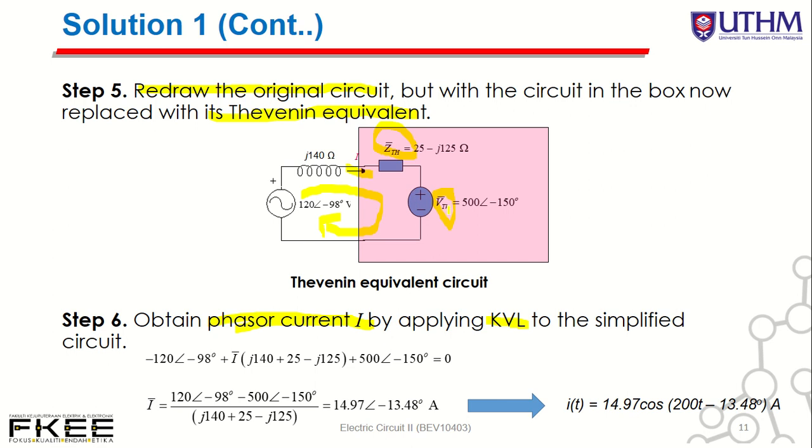By solving that KVL equation, you can determine the current. Is it clear? I think you are already expert with KVL, so you can determine the current equal to the voltage difference Vs minus VTH divided by Z. So you got the current, and then in polar form, you can transform it to the time domain.